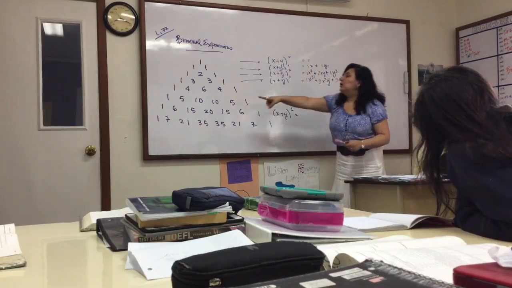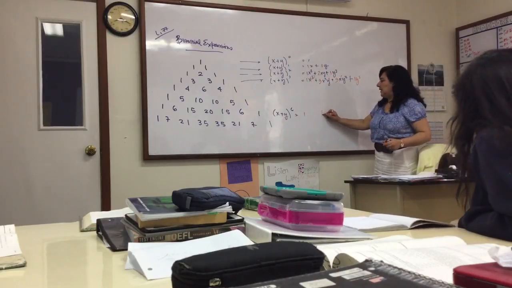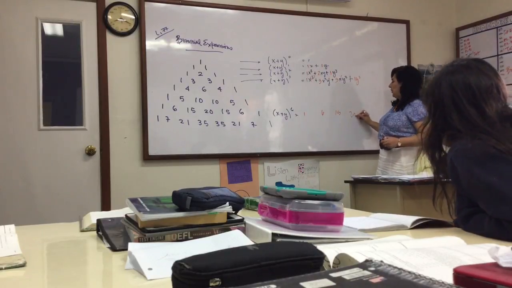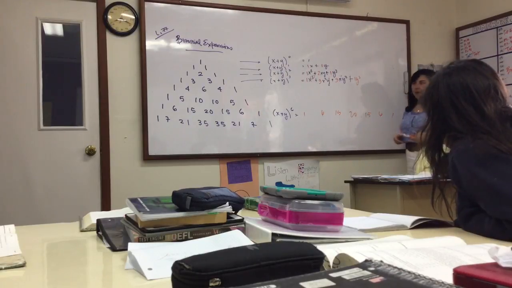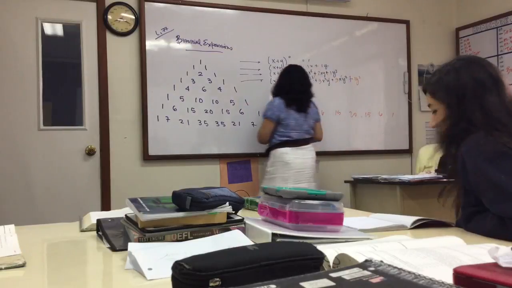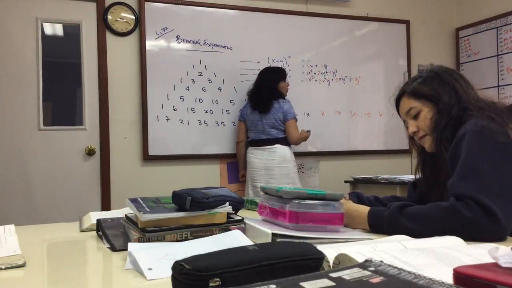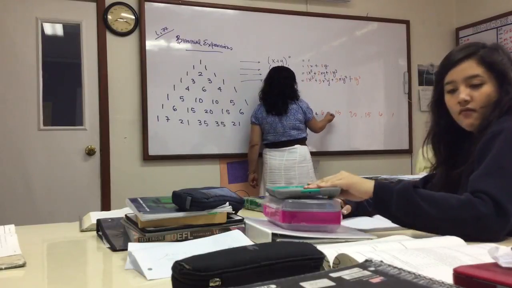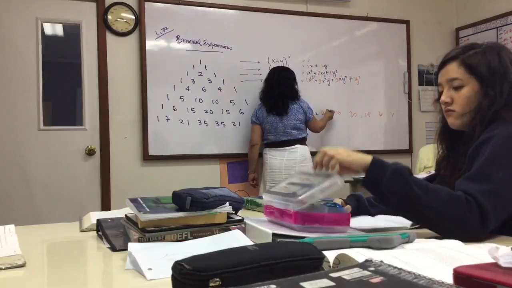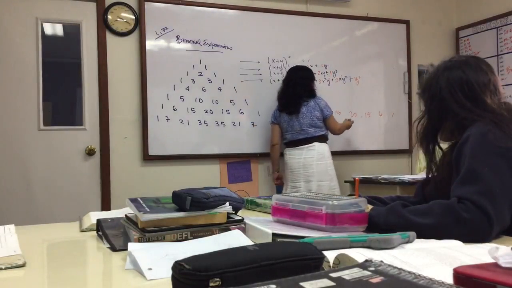We know the coefficients. It's going to be 1, 6, 15, 20, 15, 6, and 1. Now we put these in. Where is it going to be? x to the 6 plus 6 what? 6 x to the 5, right?